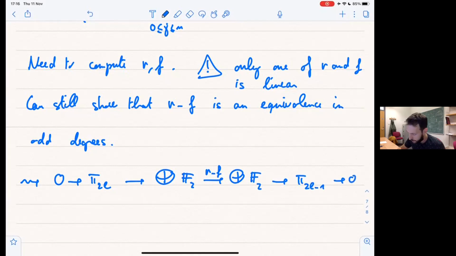And I'm out of time. So if you do some yoga with R minus F, you're going to see that basically this is an isomorphism on, let me see, these sums are all indexed on the same thing.